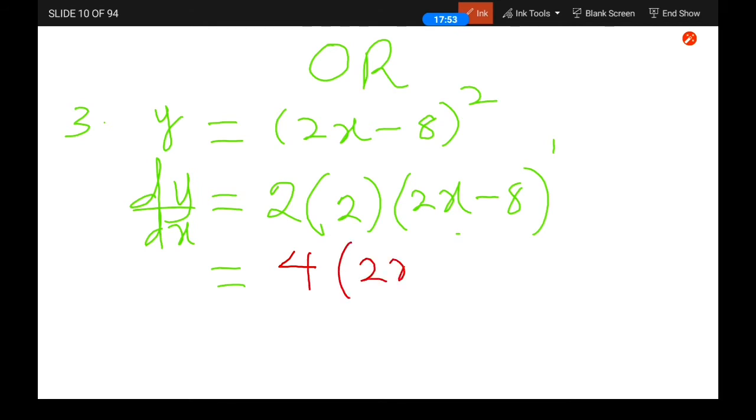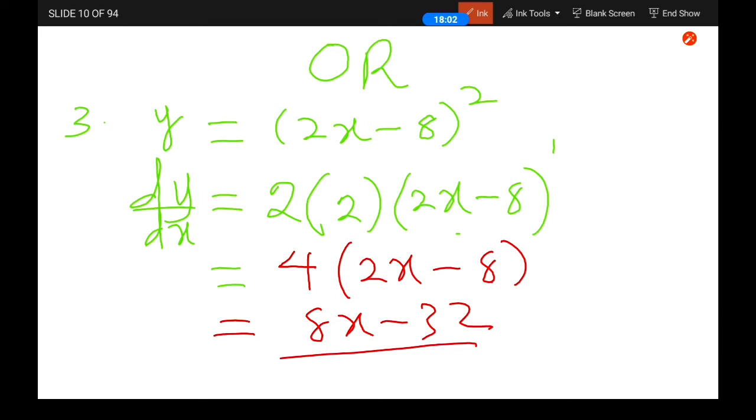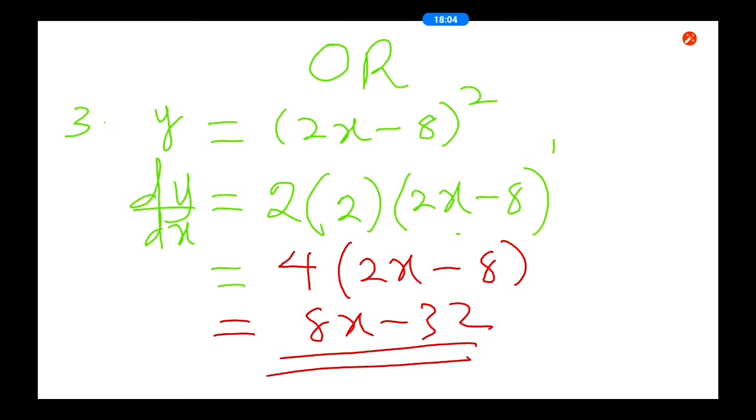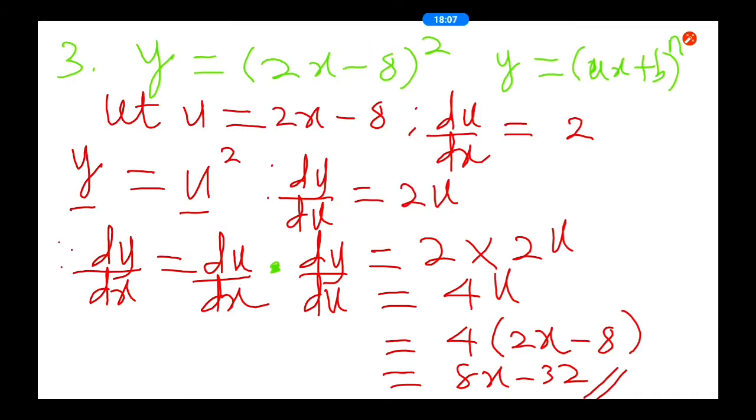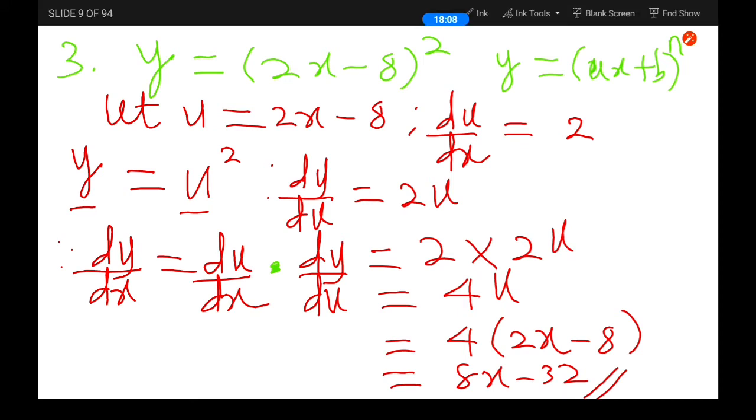Very good. So it's correct. 4 times 2x, that is 8x minus 32. That corresponds to what we got before. 8x minus 32, 8x minus 32. So they are the same. Very good. So let's move on.